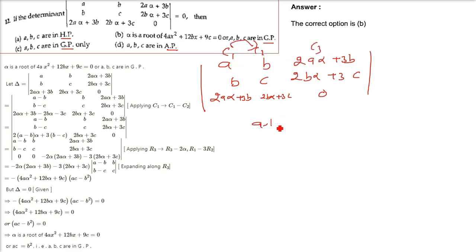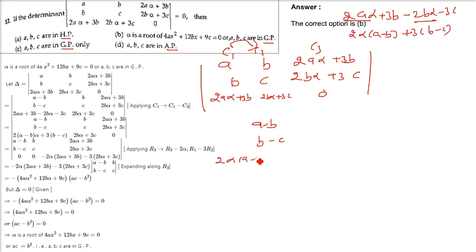You will see A minus B, B minus C. When you subtract here, you get 2A alpha plus 3B minus 2B alpha minus 3C. So 2A alpha minus 2B alpha is, you take 2 alpha common, A minus B, plus 3 common, B minus C. So you have A minus B also and B minus C also, and 2 alpha times A minus B plus 3 times B minus C. And what is remaining? B, C, 2B alpha plus 3C. And here you get 2A alpha plus 3B, 2B alpha plus 3C, and 0.